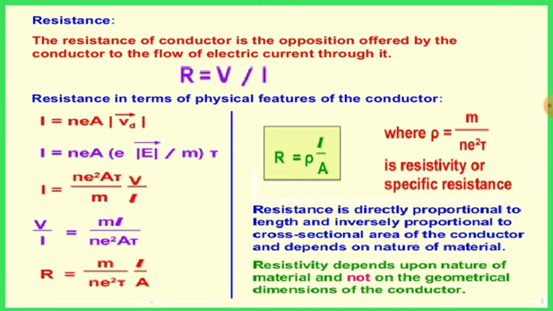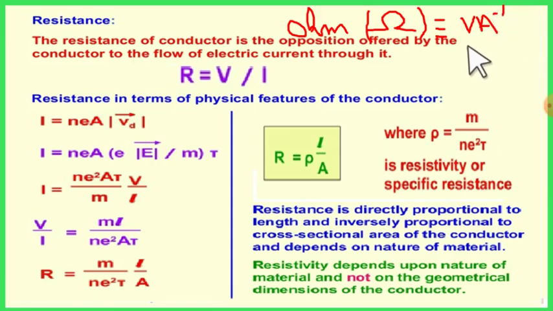The SI unit of resistance is known as ohm, O-H-M, and it is denoted by omega, and this omega is equivalent to volt per ampere. Got it? Whenever there is a volt per ampere, you can replace it by ohm. Got it? Resistance in terms of physical features of the conductor.